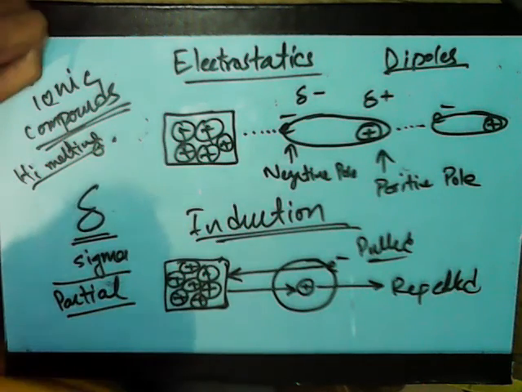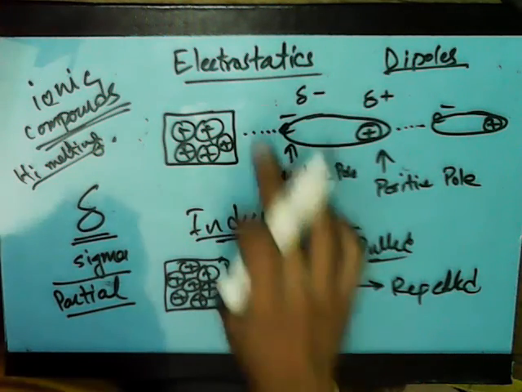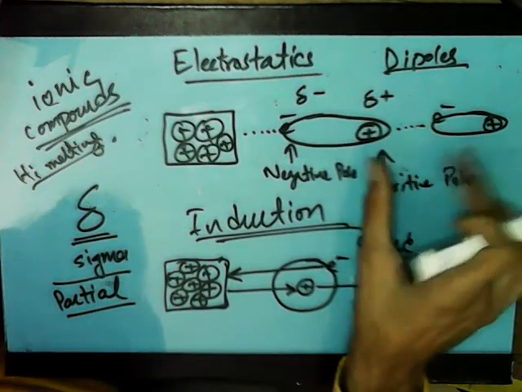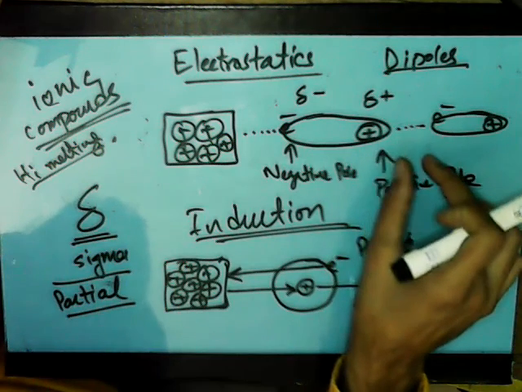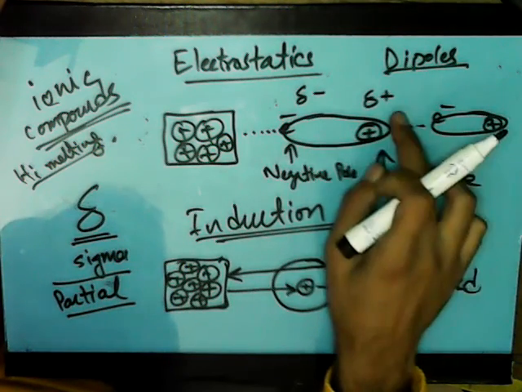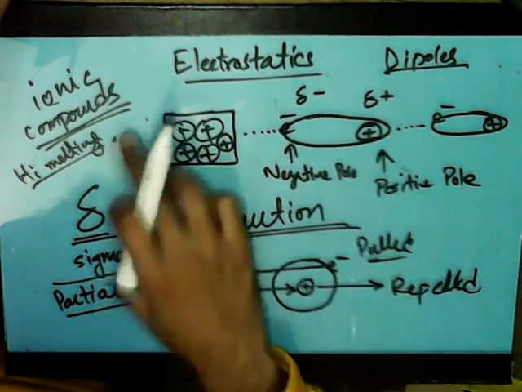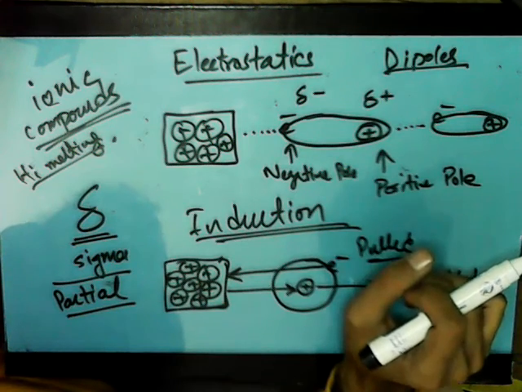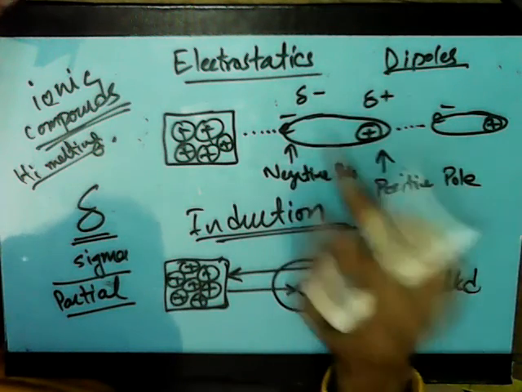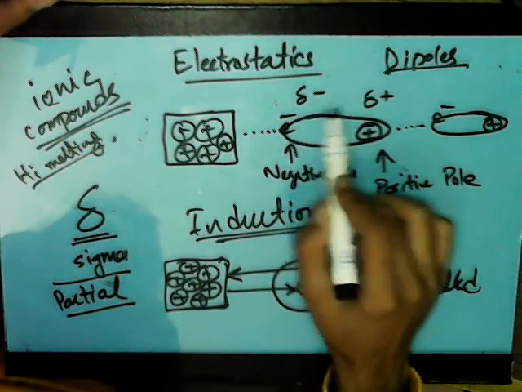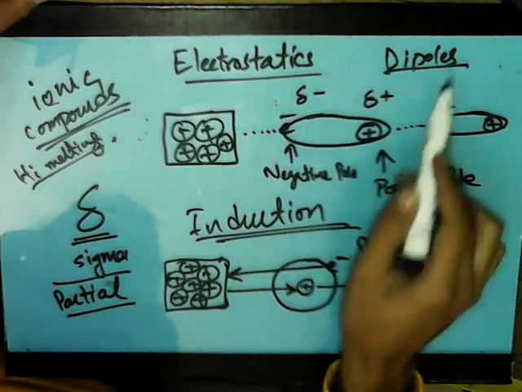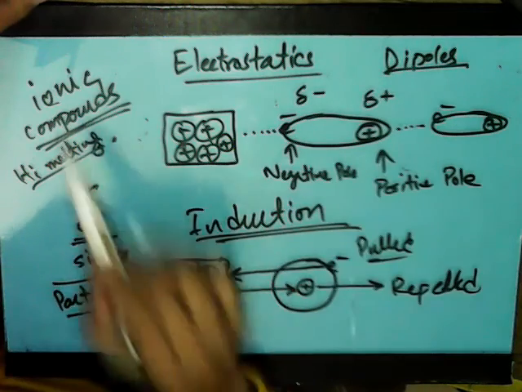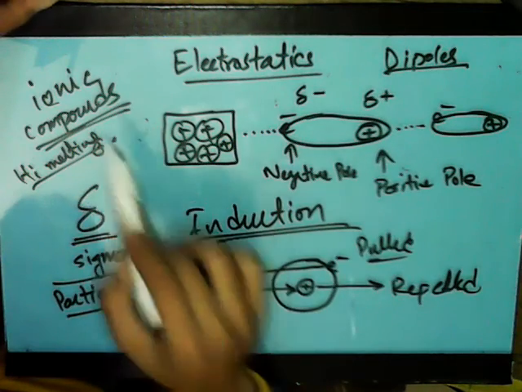They are also very dense, because these electrostatic forces are so strong that they bind the particles together. Currently we have partial charges, but in ionic compounds we have complete transfer of electrons, so we get very strong full charges. Unlike these partial dipoles, we have complete dipoles in ionic compounds, so the electrostatic forces there are very strong.